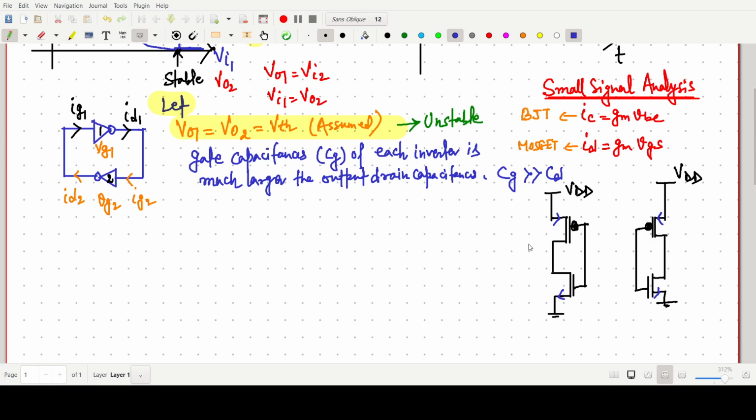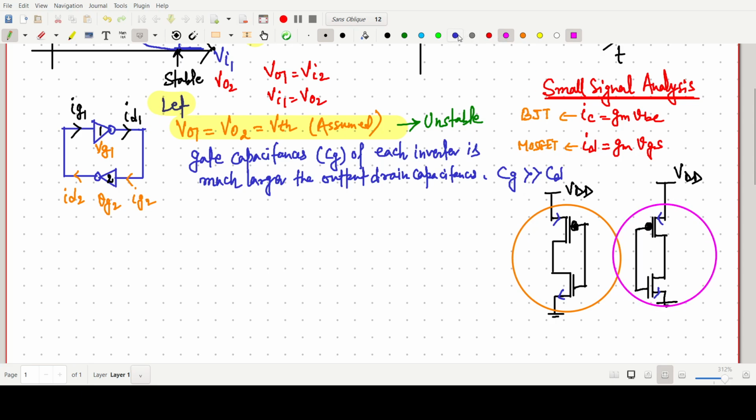Okay, so this one is our inverter number 1, and this one is our inverter 2.